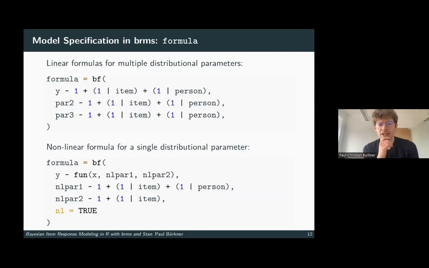So if we look at this again, then we have different item parameters per nonlinear distribution parameter, same with different person parameters, but they all are going to be estimated as independent. But as I said initially, it is very plausible that, for example, the easiness of items relates to their discrimination, or for example, the ability of persons in a certain test, or in a certain aspect, for example, mean response times could very well relate, i.e. be correlated with the person's property in terms of the variation of response times.